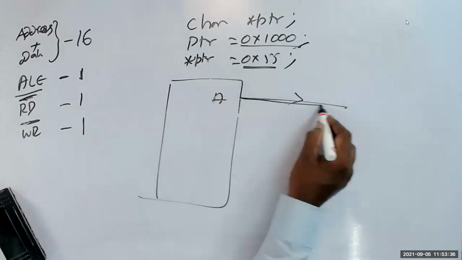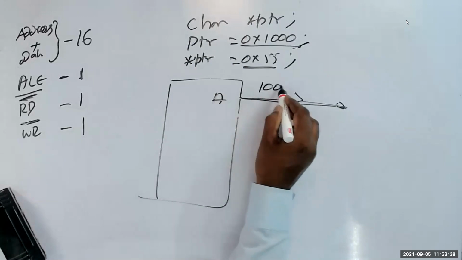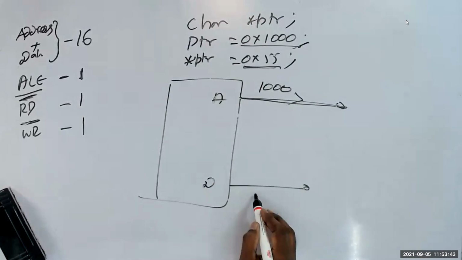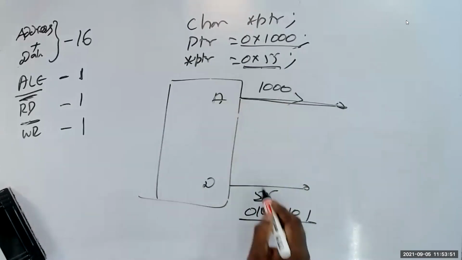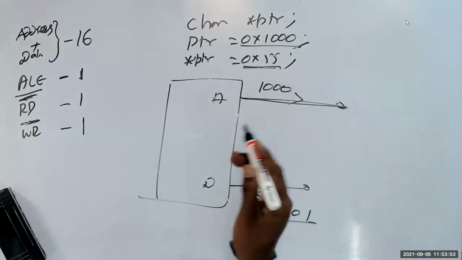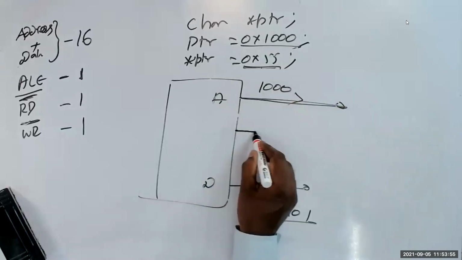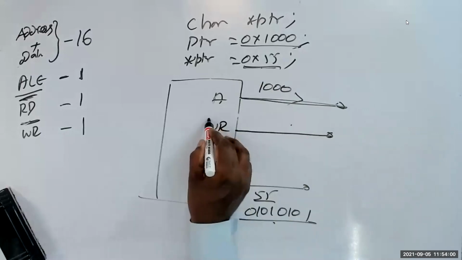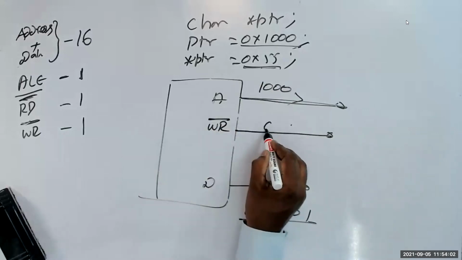So the microprocessor puts the address 1000 and data is 55. That means 0101 0101. 55 means hex, that's why I put 0x, and the binary is 0101 0101. I told you all the time, when you do write it means 1, but here it is write bar. So you make it 0.